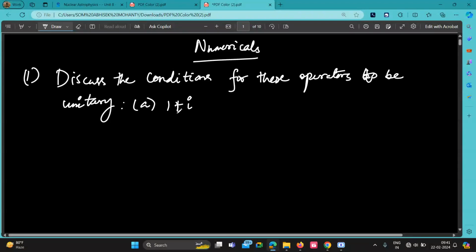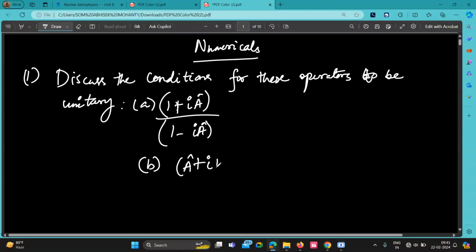The operators are (1 plus i A cap) divided by (1 minus i A cap), and (A plus i B cap) divided by root over A square plus B square.